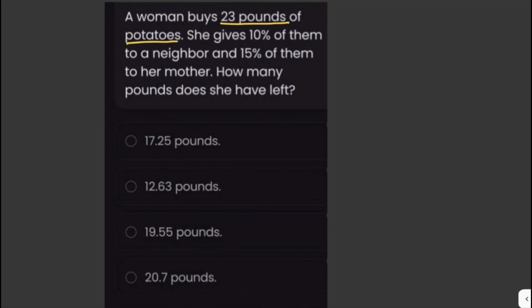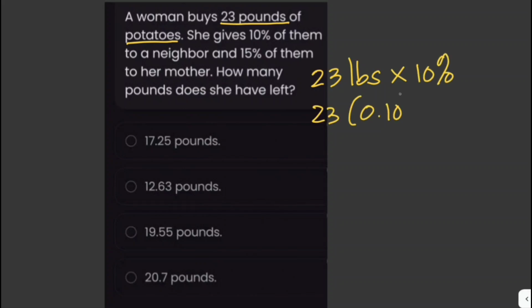So we first calculate 10% of 23 pounds. So 23 pounds times 10%, or 23 times 0.1. This is just equivalent to 2.3 pounds.